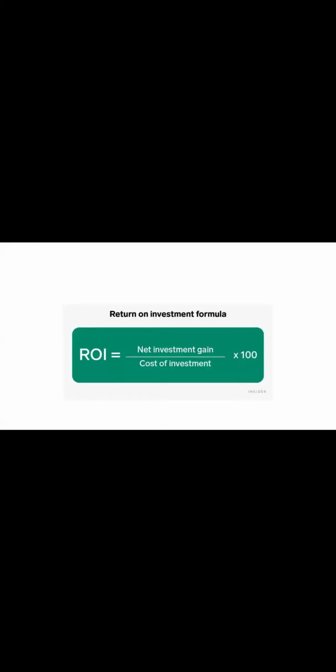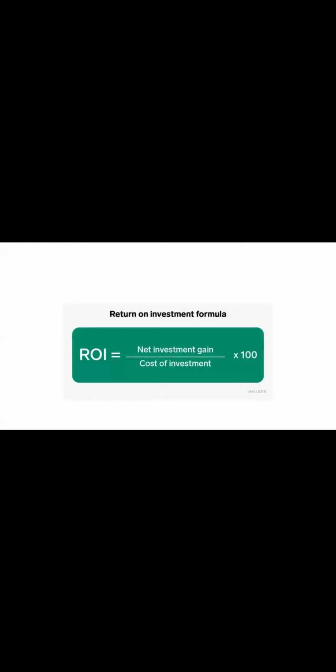If you recruit one maid at your place for 4,000 per month, okay, and that maid just sits at home and does nothing, would you keep that maid? No. So you understand this concept, you don't need to learn the formula. Whenever somebody recruits you, they will calculate the return on investment. They will check, if I recruit this person, what is the benefit?